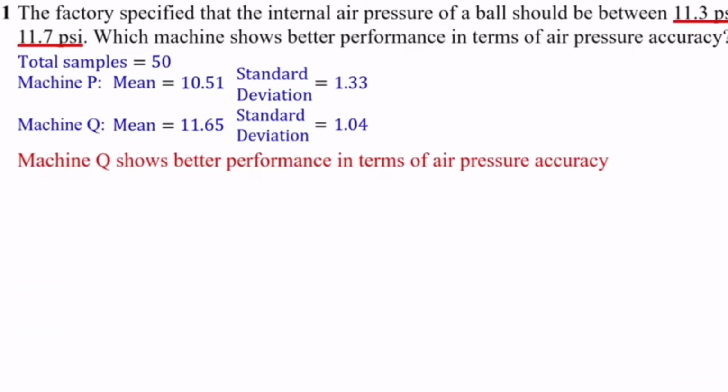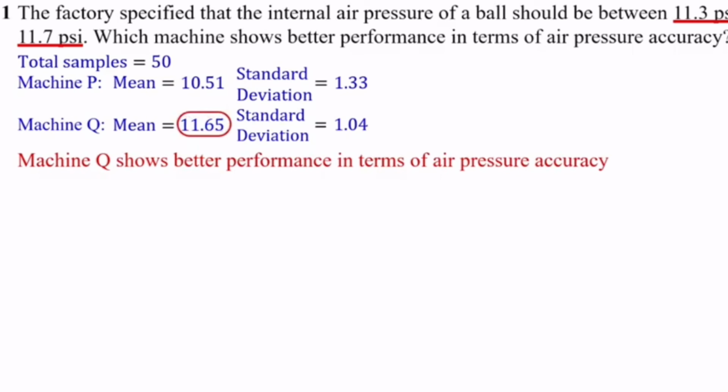Because as you can see, the standard deviation for machine Q is just 1.04 compared to machine P, which is bigger, 1.33.